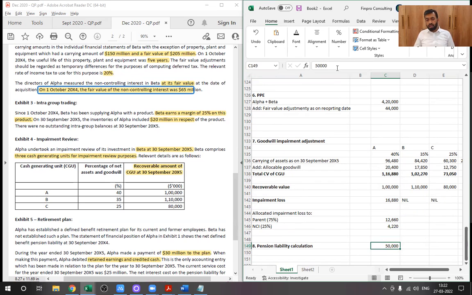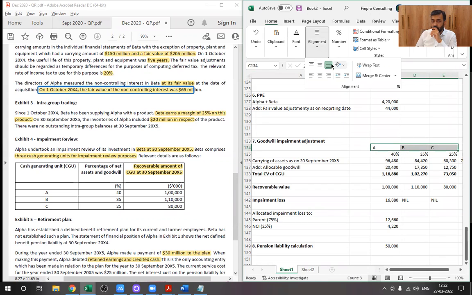There is a pension liability calculation immediately behind that. Now, where will these amounts be transferred? Some kind of a hint? For parent, against that goodwill we have created.